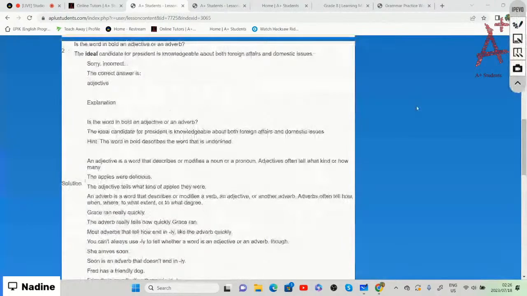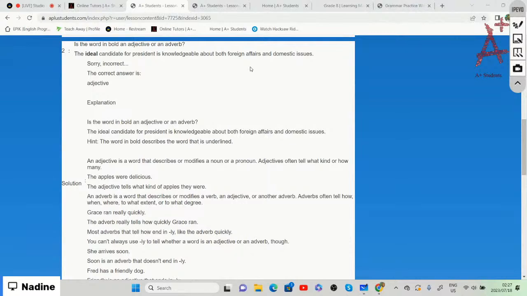All right, so the ideal candidate for president is knowledgeable about both foreign affairs and domestic issues. We need to say whether the word ideal, the ideal candidate, is an adjective or an adverb.